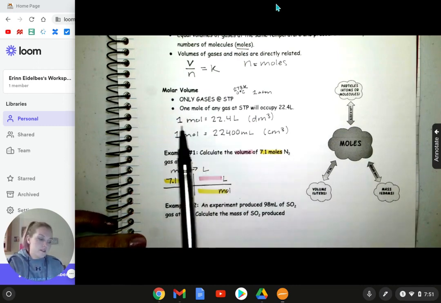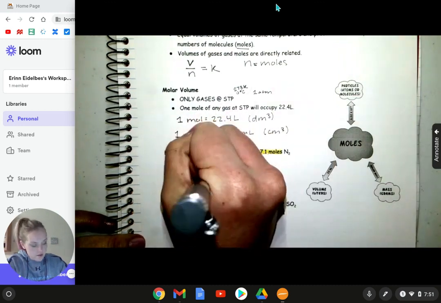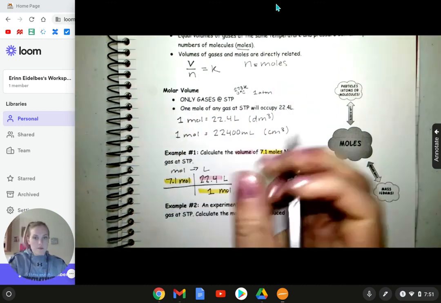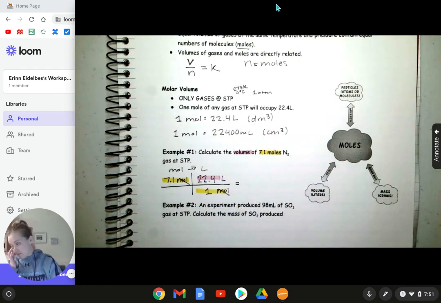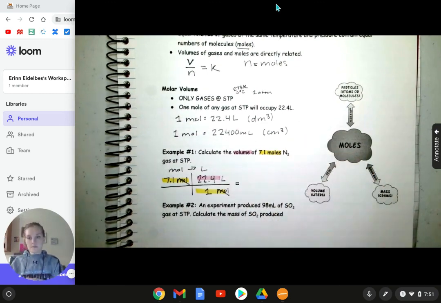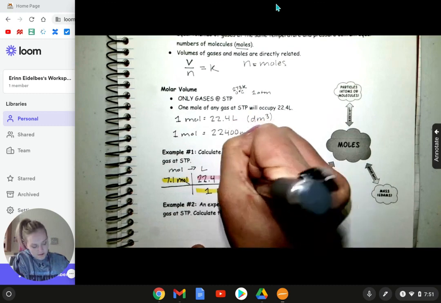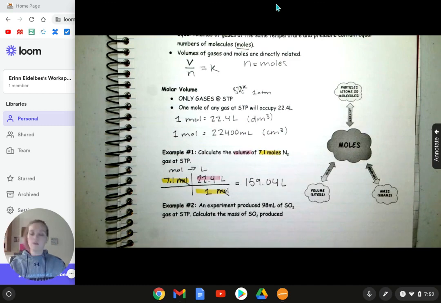If we're using this conversion factor, 1 goes with mole, and then 22.4 will go with liters. Then I cancel and multiply everything on top, divide by the bottom, and we should get, when I calculate this out, 159.04 liters. So that's the first example for molar volume.